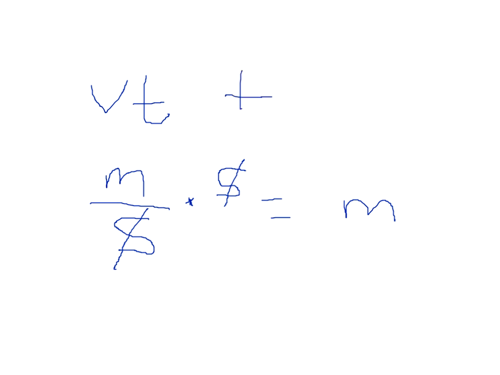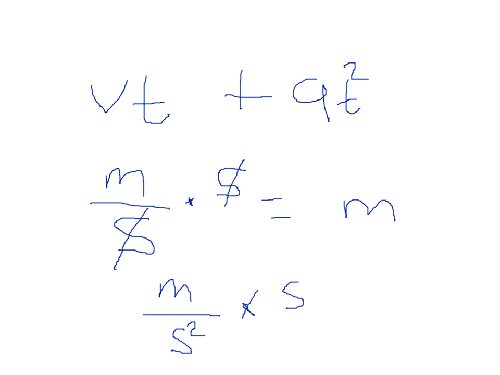The other component for x is at squared. Our a is meter per second square, and our time, don't forget, is time square, it's seconds square. So we cancel second square and we are left with m. So the unit of vt is m, and the unit of at squared is m.